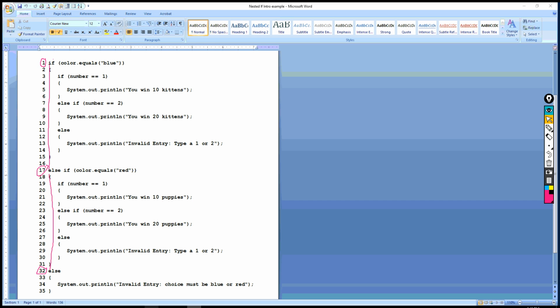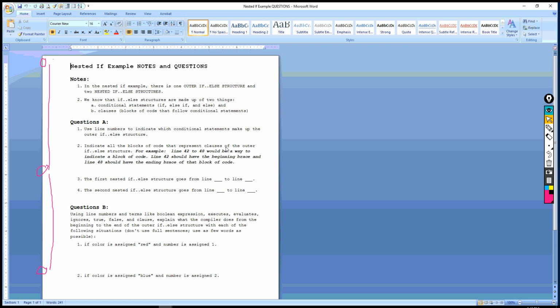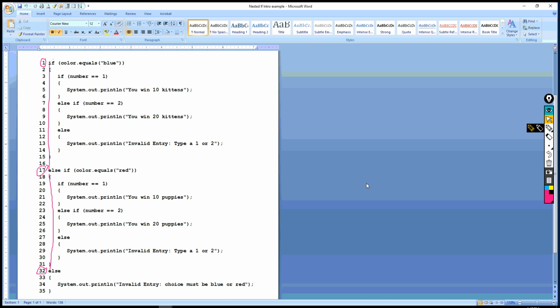The next question was to indicate all the blocks of code that represent clauses of the outer if-else structure. And we want to use line numbers that include the braces. And so the blocks of code.